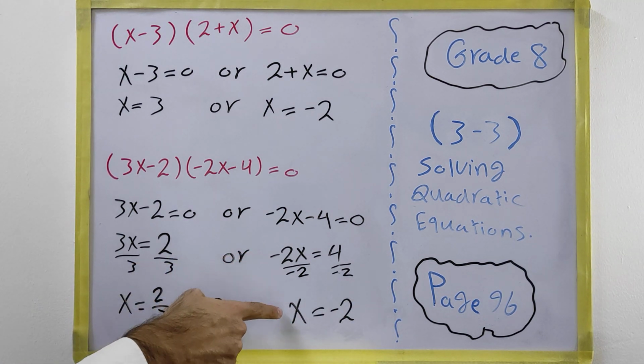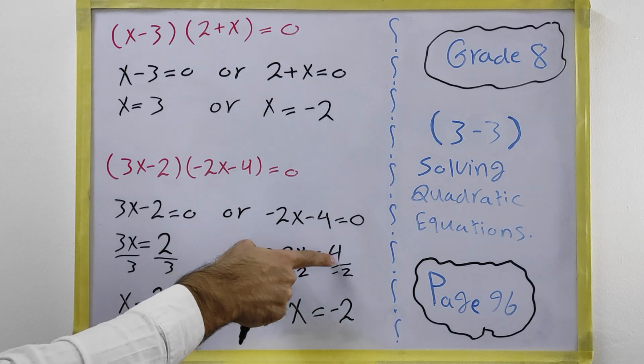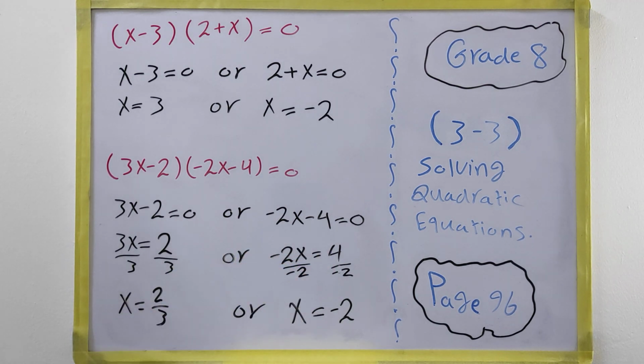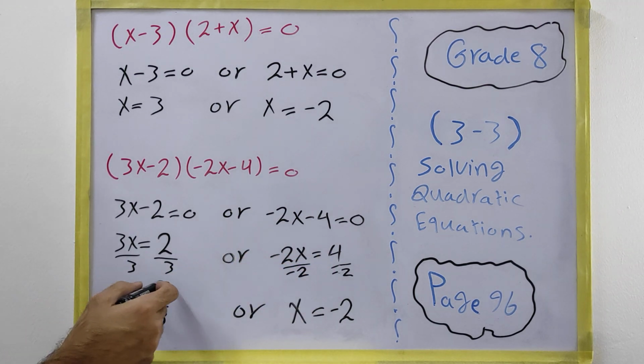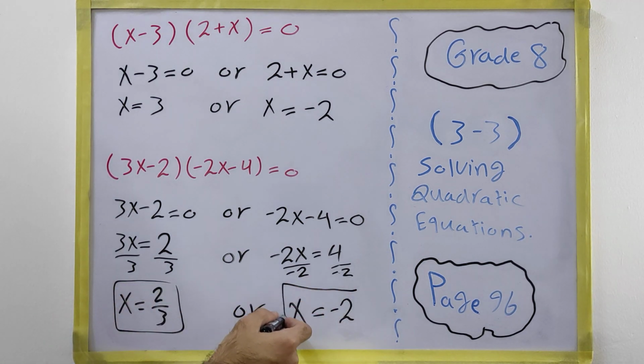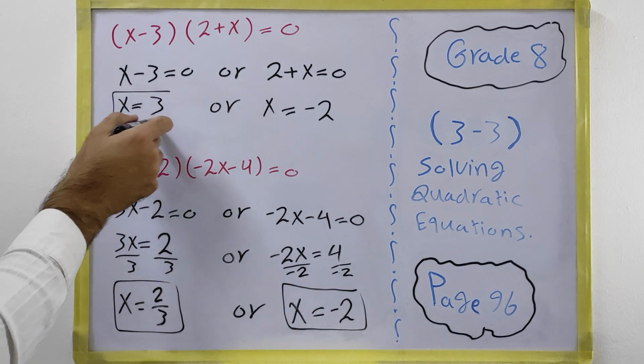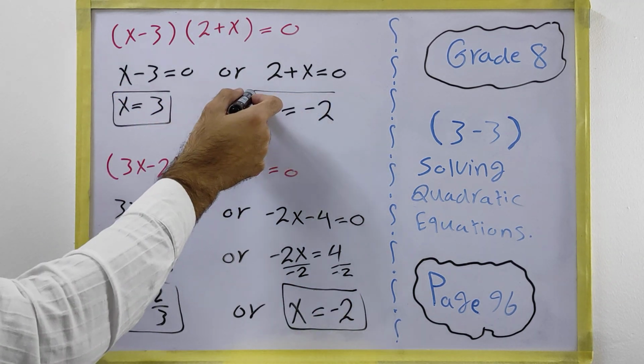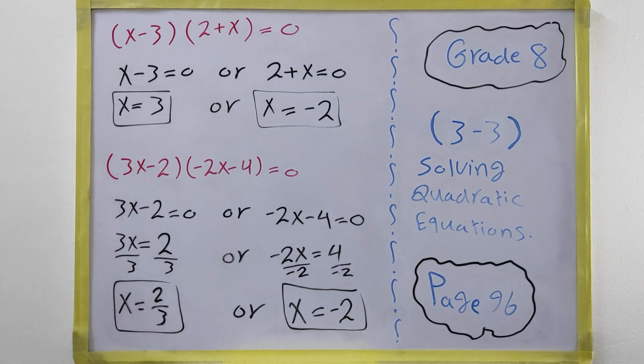Negative divided by negative would be positive. Positive divided by negative, the result is negative. So the result of x equals 2 over 3, or negative 2. For the first one, 3 or negative 2.